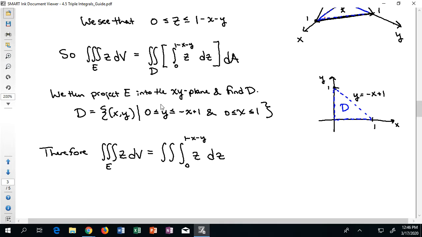I now am thinking about that D region, and since my y bounds have functions in them, they're going to come first. My x bounds will come last, which means I'm going to have, what would the order of those differentials be? Well, you should be able to see that they should be dy first and dx last. So this is it. This is the setup for my triple integral.